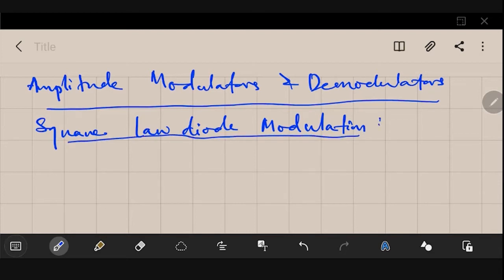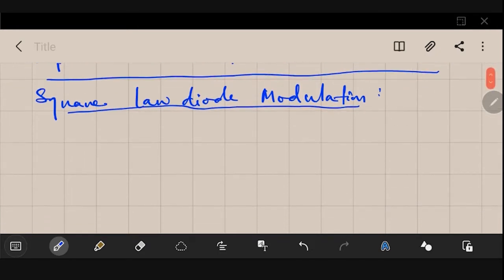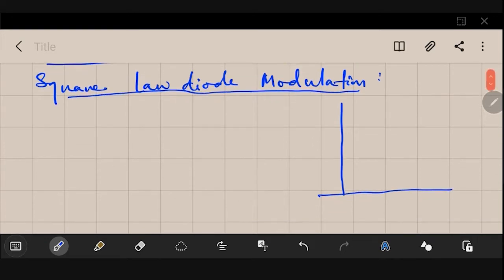Okay, so as the name implies, we will be basically using a diode for generation of the modulated signal. Let me just show you. If you look at a diode, the voltage across the diode and the current are related in this way.